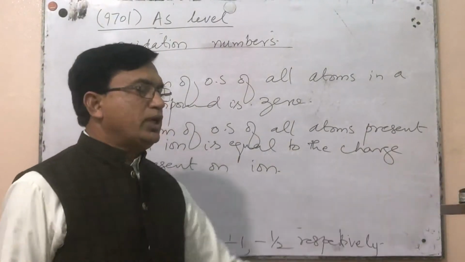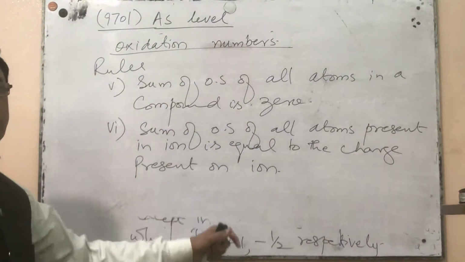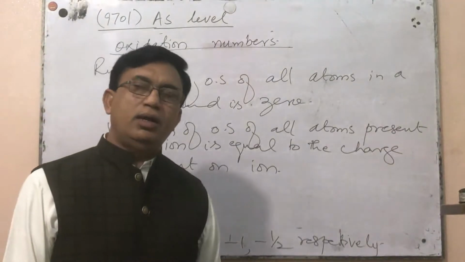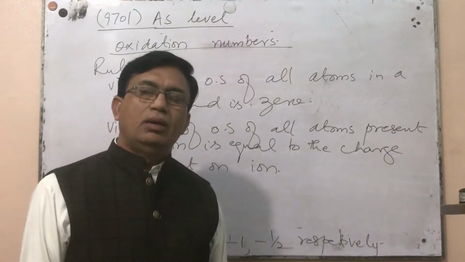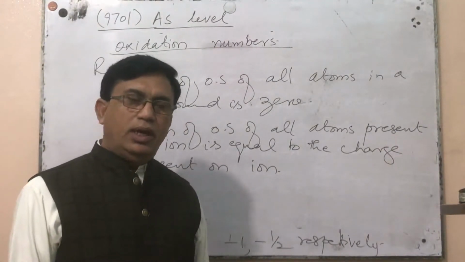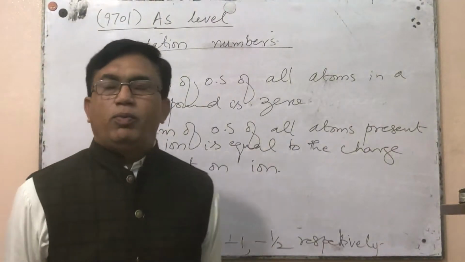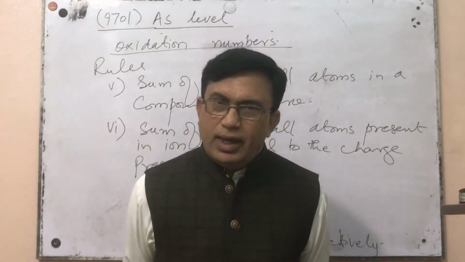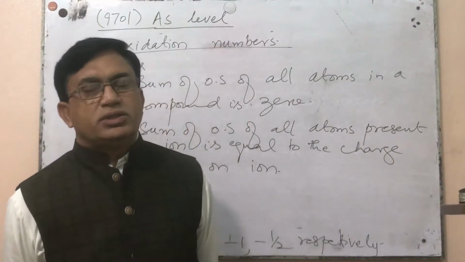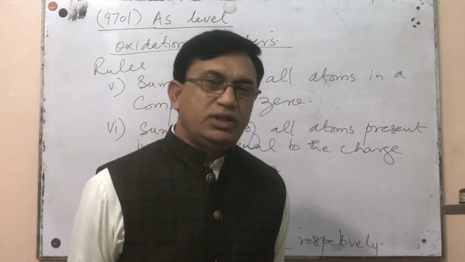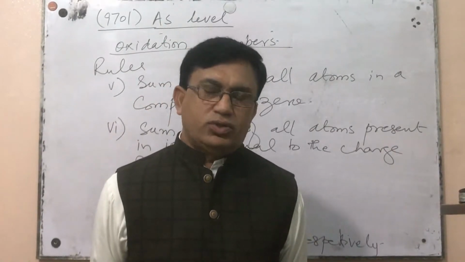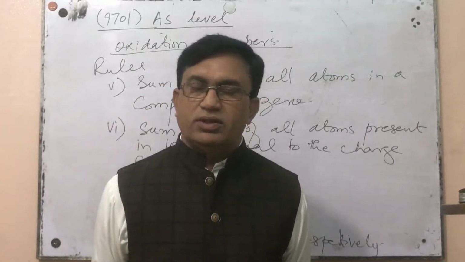Using these rules, we can easily find out the oxidation state of any element present in the compound. As we have learned, group 1, group 2, group 3A elements have oxidation states +1, +2, +3. These are fixed oxidation states and will never change.